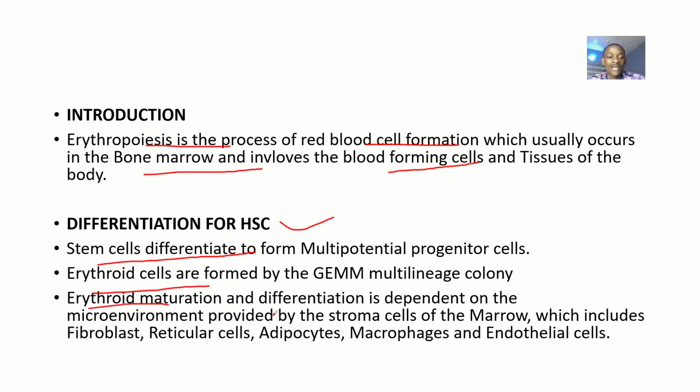Right. So now erythroid maturation and differentiation is dependent on the microenvironment, which is provided by the stroma cells of the bone marrow. This is the environment that makes the bone marrow conducive for red cell formation, the hematopoietic inductive microenvironment. I have a different video on that. This environment is formed by stroma cells, which include fibroblasts, reticular cells, adipocytes, macrophages, and endothelial cells.